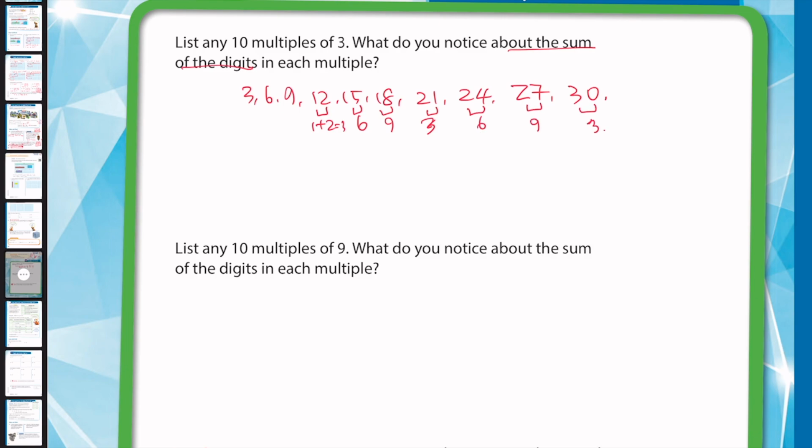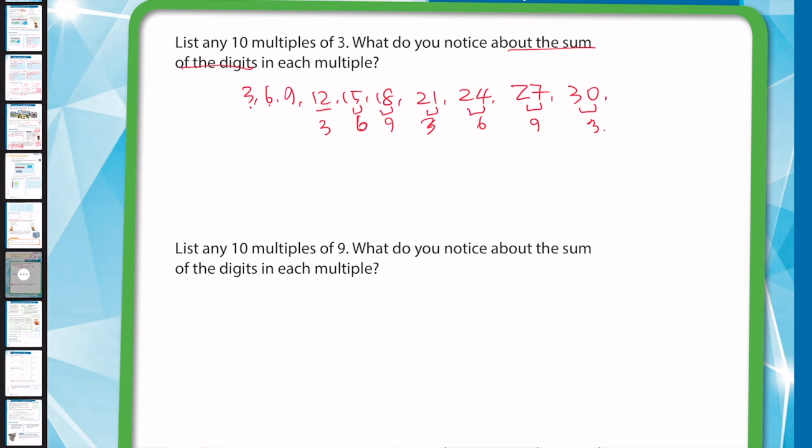Can you see the pattern? 3, 6, 9, 3, 6, 9, 3, 6, 9. That's the pattern. The sum of the digits in each multiple is divisible by 3.